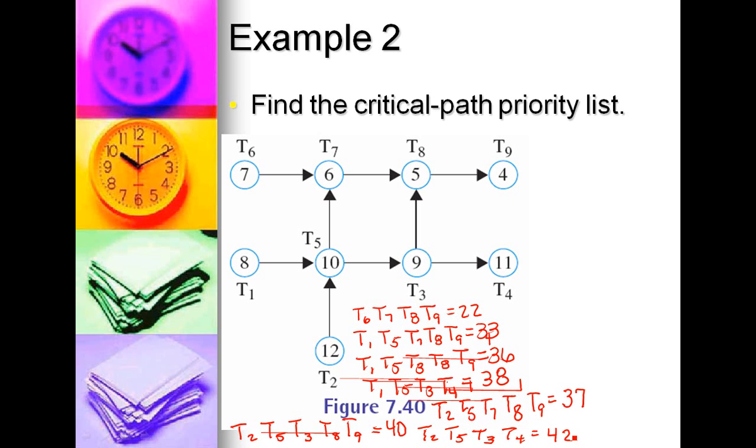Alright, so we look for the critical path, which is the last one that we found, had a weight of 42. And we're going to put on our priority list the head of that path, which is T2. Then we're going to go to each path that has a T2, and we're going to remove T2.